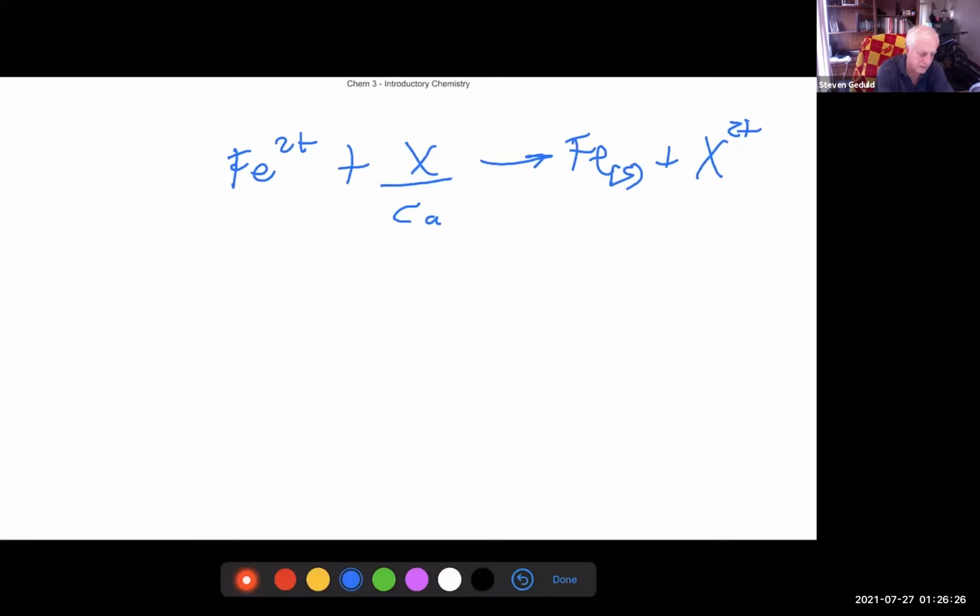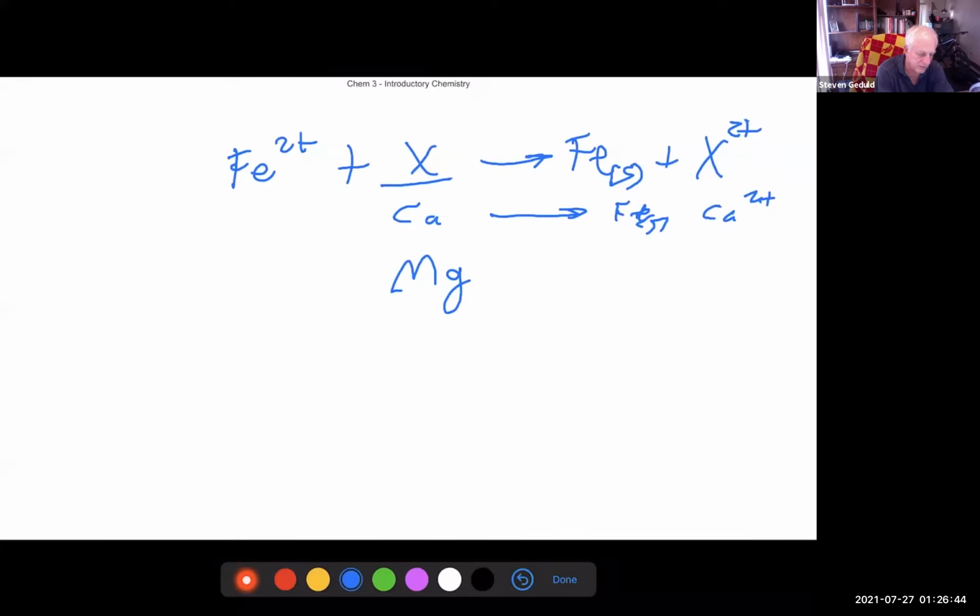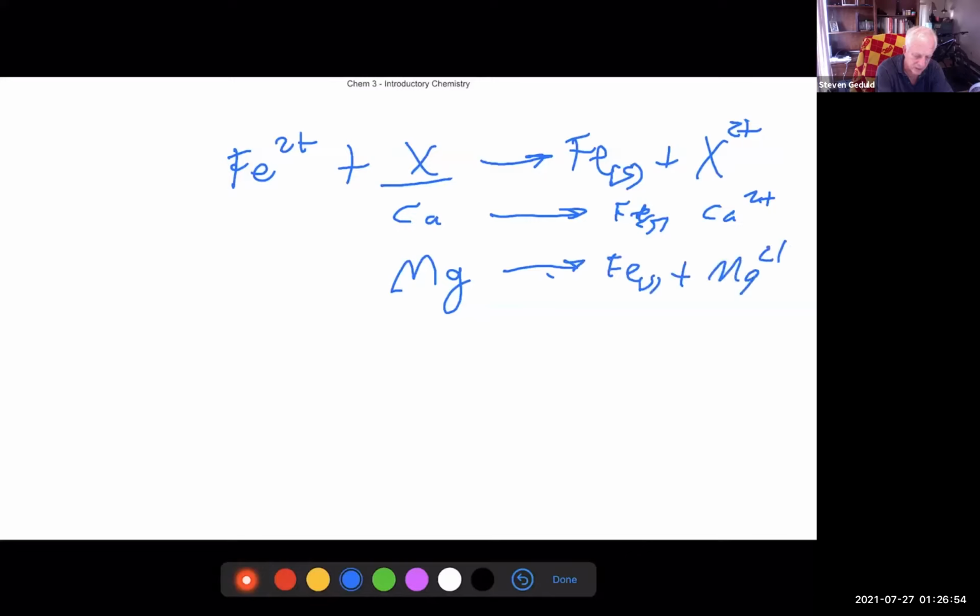Calcium will react with Fe2+ to form Ca2+ and iron solid. How about magnesium? Magnesium is above iron, so you get a reaction: Fe solid plus Mg2+.